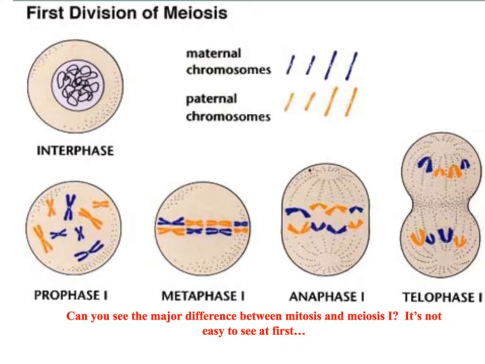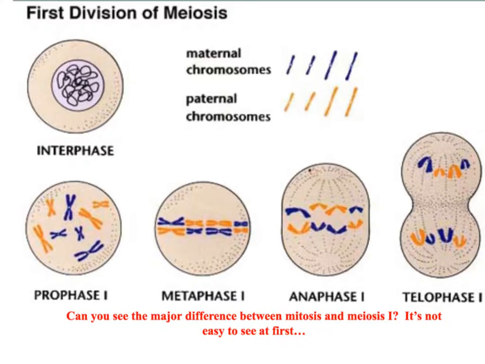And you'll notice the difference between mitosis and meiosis if you look at the chromosomes here. In metaphase 1, the homologous chromosomes are going to line up.